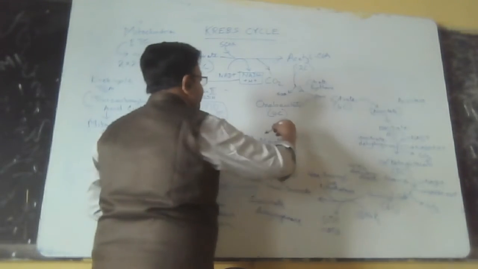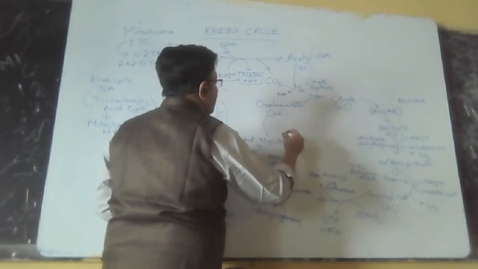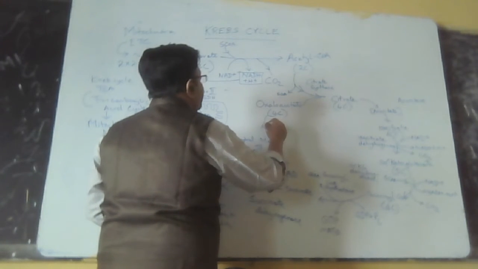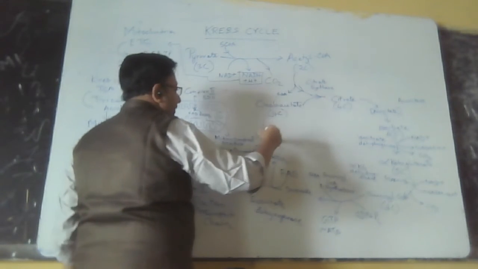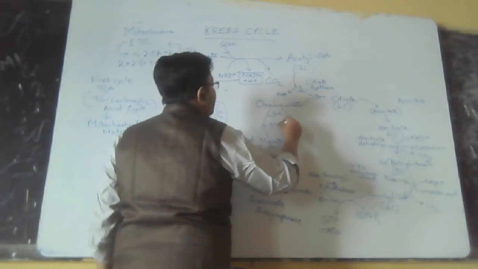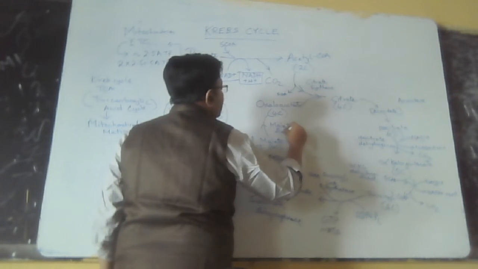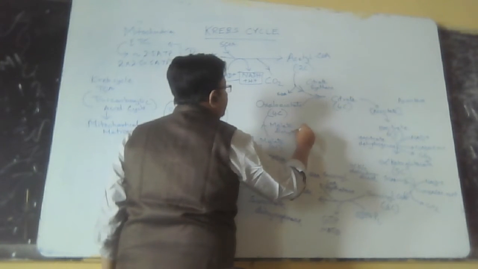In the next step, malate, these are all 4 carbon compounds, is converted into oxaloacetate by the enzyme malate dehydrogenase.